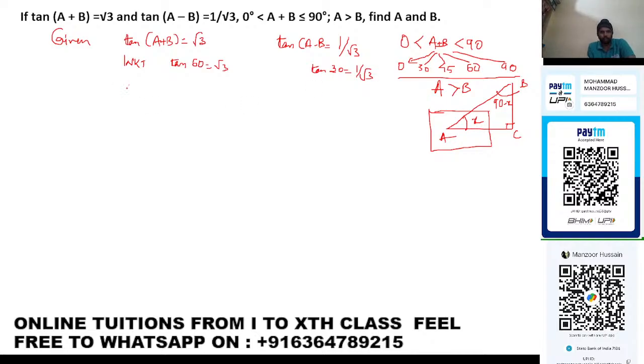Therefore, tan A plus B can be represented with tan 60 in the first equation, and in the second equation tan A minus B can be represented with tan 30 degrees.